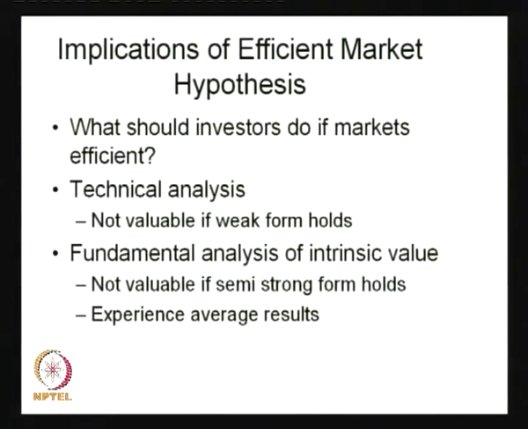If that kind of discrepancy is there in the market, then the market cannot be efficient. If there is no discrepancy between the different types of investors, then everybody will get more or less the same amount of return, and nobody can get a very high abnormal return or a very low return.